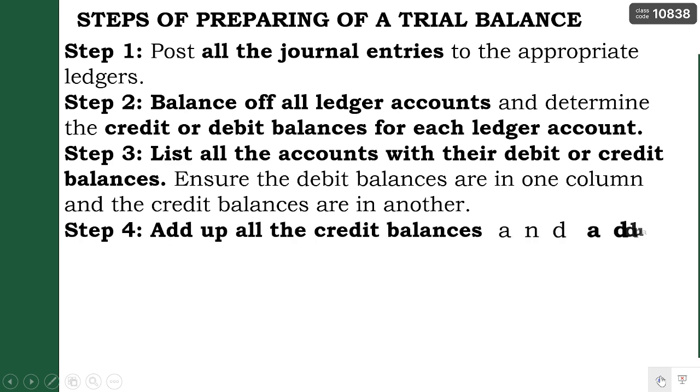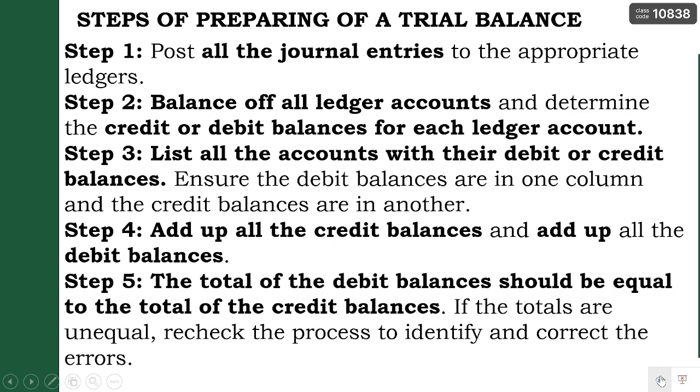Step number four, you sum up all the credit balances and you do the same for the debit balances. Then step number five, you check the arithmetic accuracy, whether the debit balance totals match the credit balance totals.